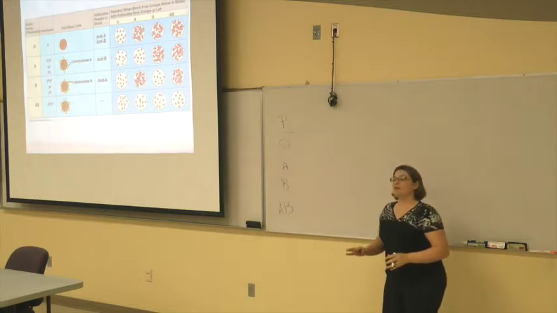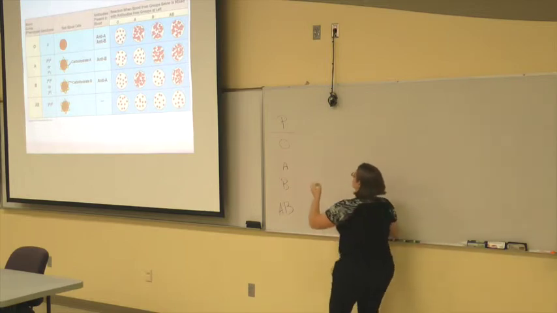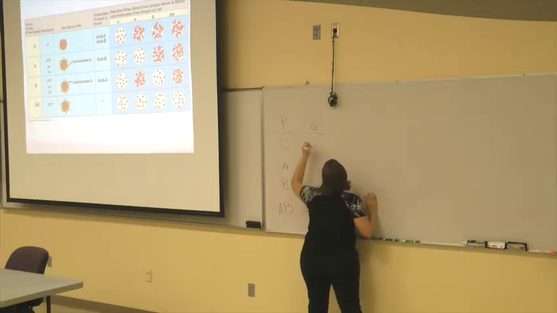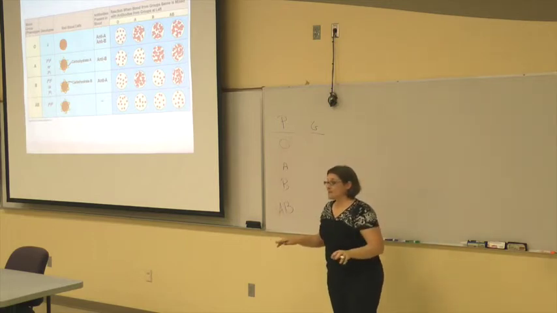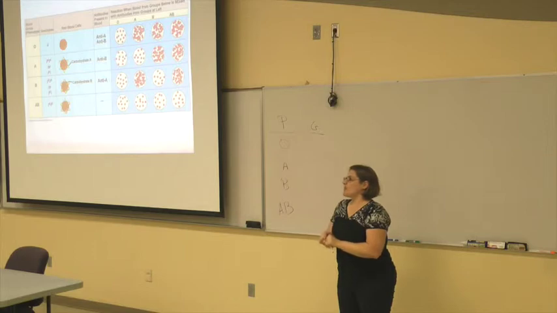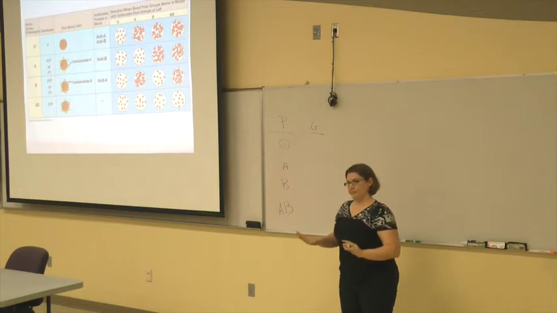Now, in terms of genotypes, we're going to list out the possible genotypes that can give you these phenotypes, all right? But when considering this, you should remember that the alleles A and B are dominant. They are dominant, and O is recessive. Okay, the O allele is recessive, A's and B's are dominant.